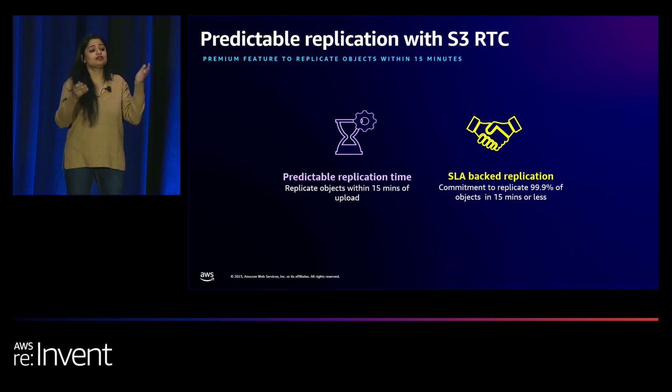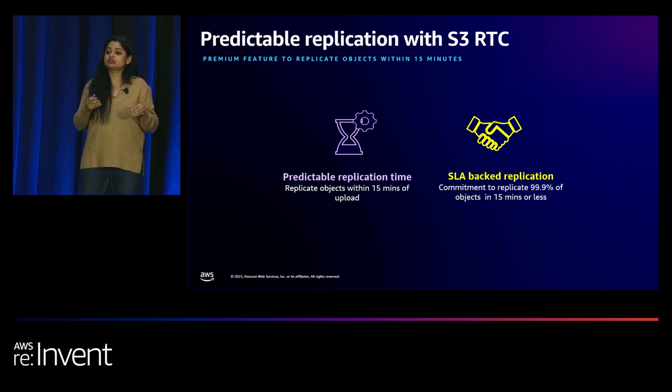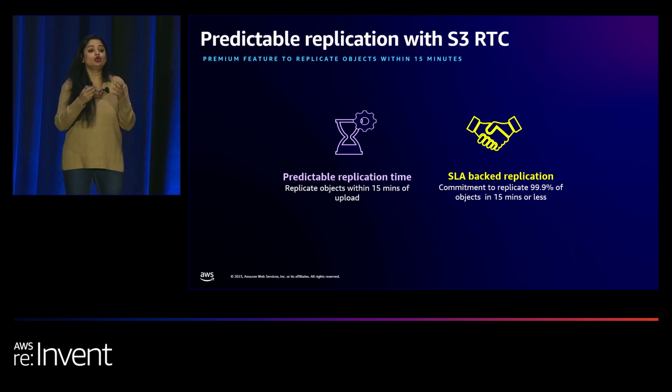And this is a very simple feature to turn on. If you are on your console, you can just turn it on with a single click. And when you do that, however, there are many systems and processes that are working underneath to make sure that you make the 15-minute RPO.